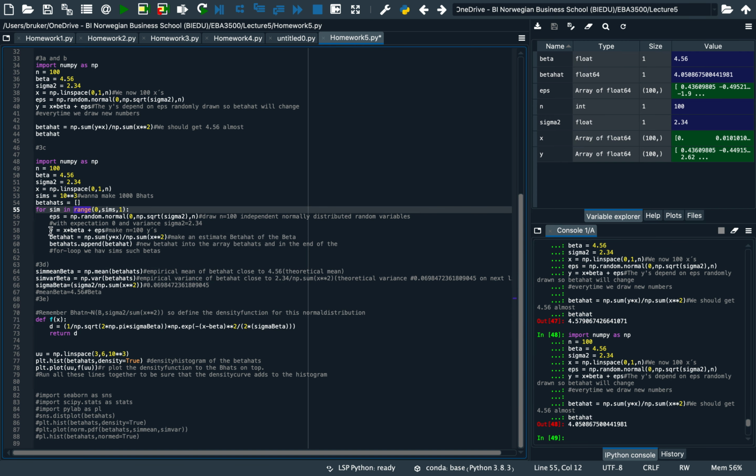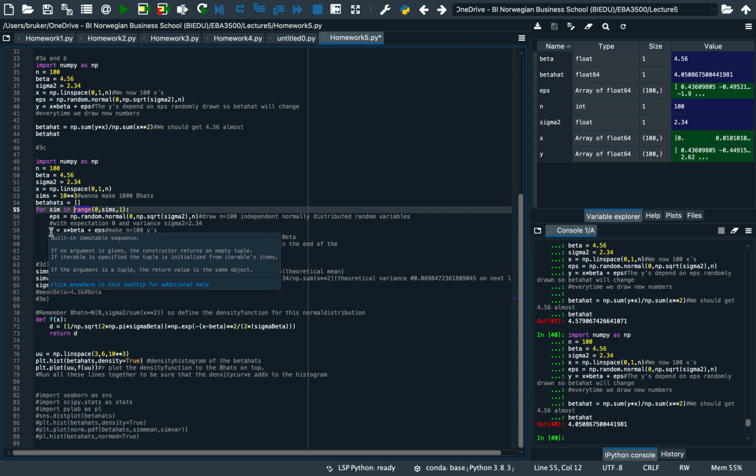I make new 100 y's, and then I calculate a new beta hat, and then I put this beta hat into the beta hats vector, and this beta hat will be element 2 in beta hats. And then I go into the for loop for the third time. I draw 100 epsilons. I make new 100 y's.